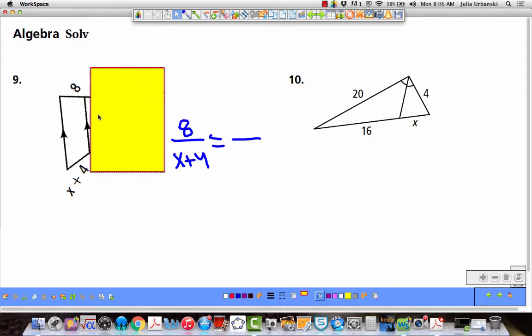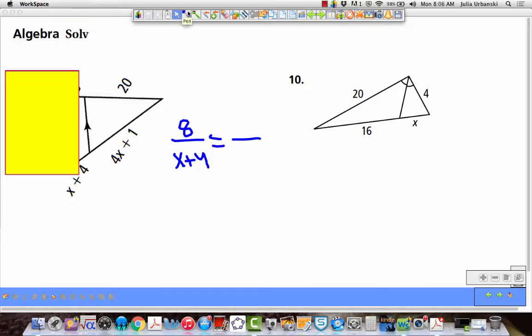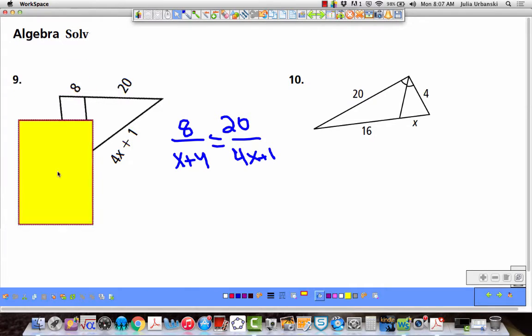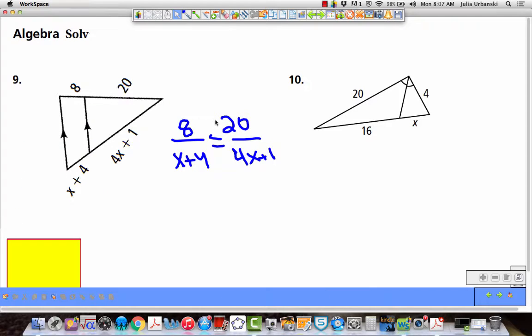And then in this case, it would be whatever what? Over. Good. And you can realize that both the 8 and the 20 are on the top, or the x plus 4 and the 4x plus 1 are both on the bottom. They line up. Okay, but sometimes you might want to turn your paper. That might make it easier for you.